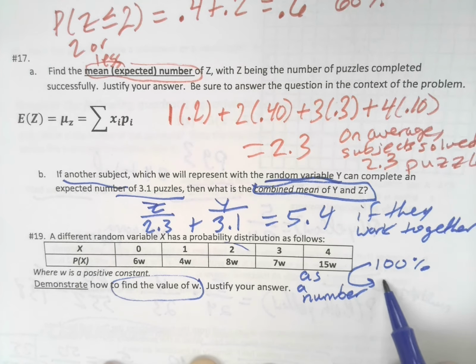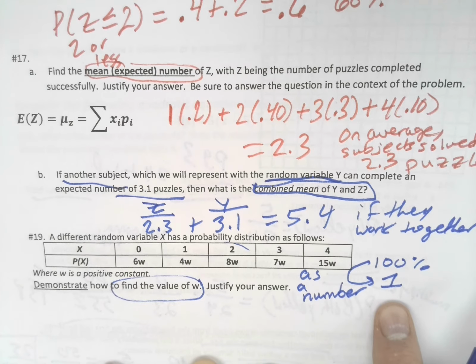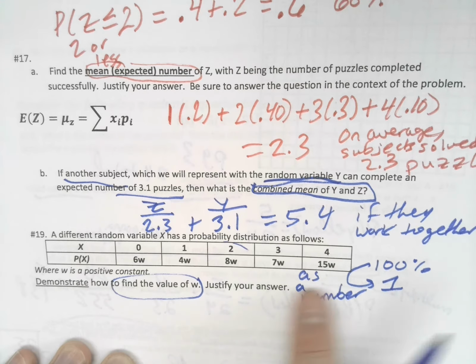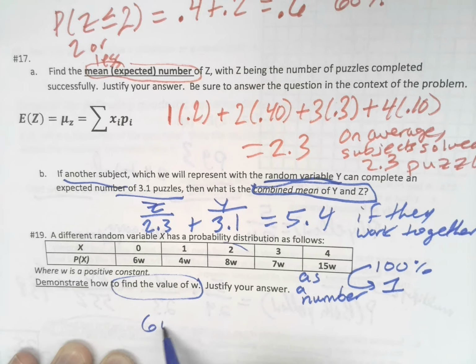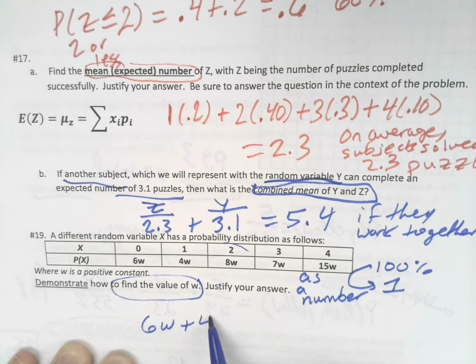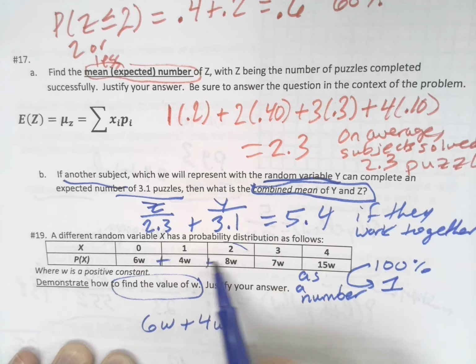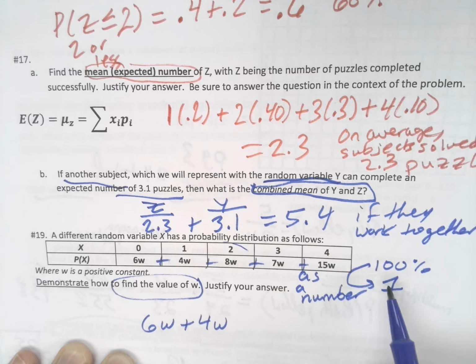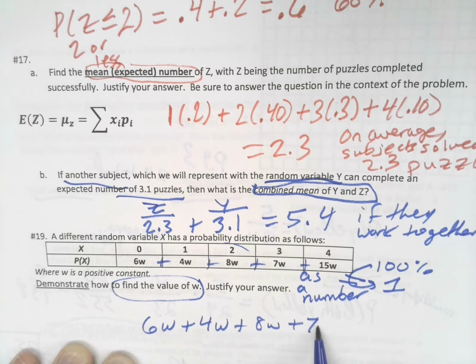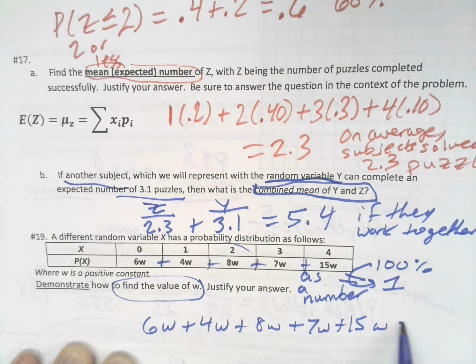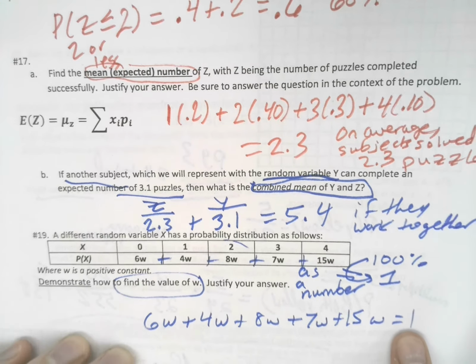Isn't 100% 1? Yeah, so if we want to find out what W is, let's turn it into an algebra problem. 6W plus 4W plus 8W plus 7W plus 15W all has to equal 1.